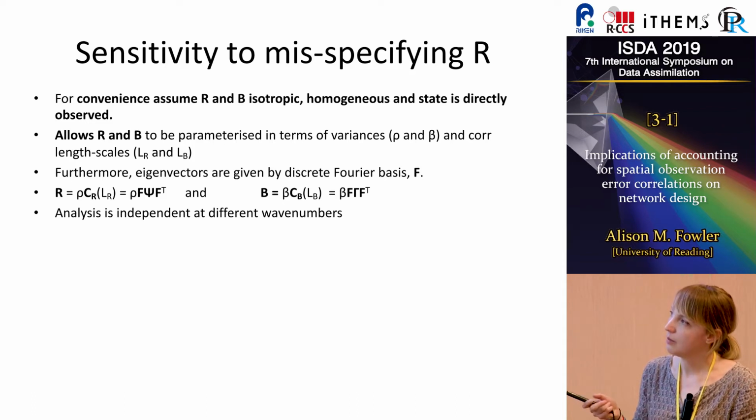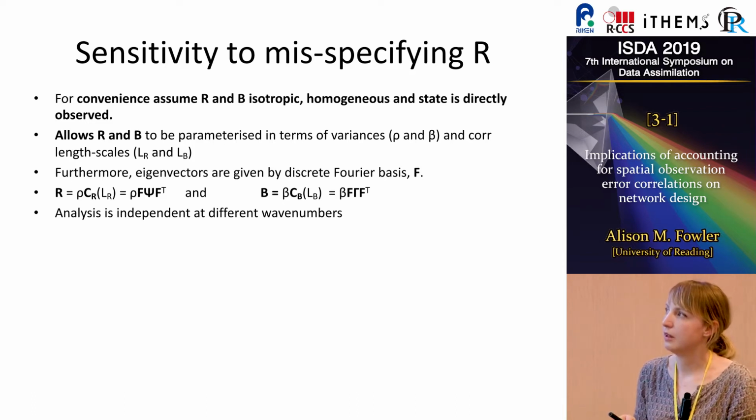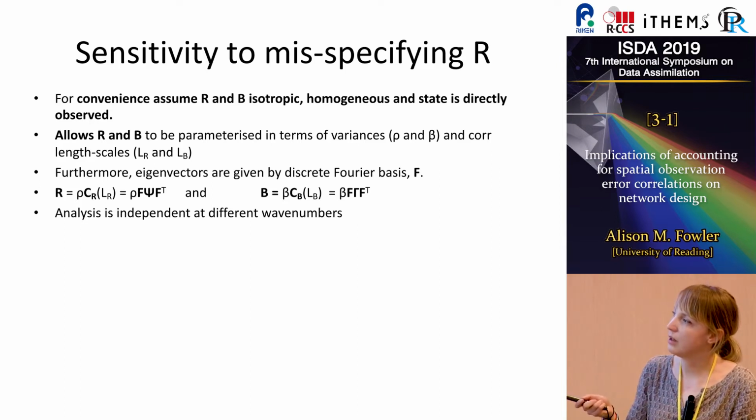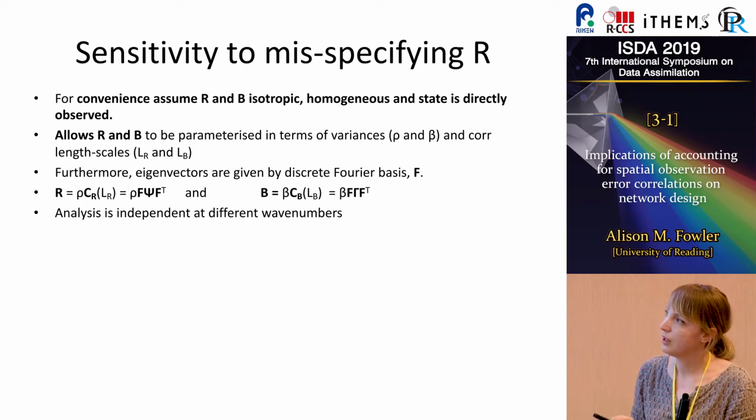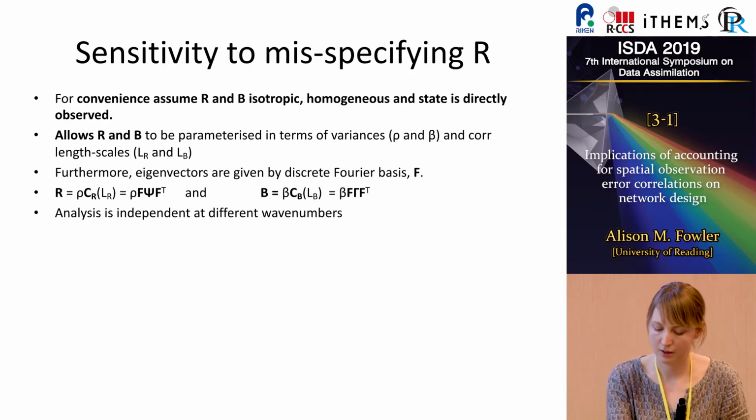And because they become circulant matrices, and in this case they have the same dimension, then they have the same eigenvectors which are given by the discrete Fourier basis. So I can decompose both my R and my B matrix in terms of the uncertainty in the Fourier space, which also means that my analysis is independent at different wave numbers.